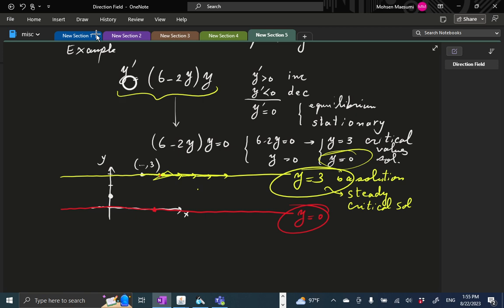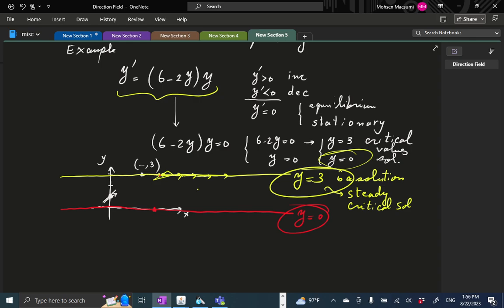That means the slope of my solution is 4, and that means I'm going to be traveling upward here. Okay, slope is 4, which means from left to right I'll be going up. Well, if I try any point between these two lines, I'll get a positive slope.